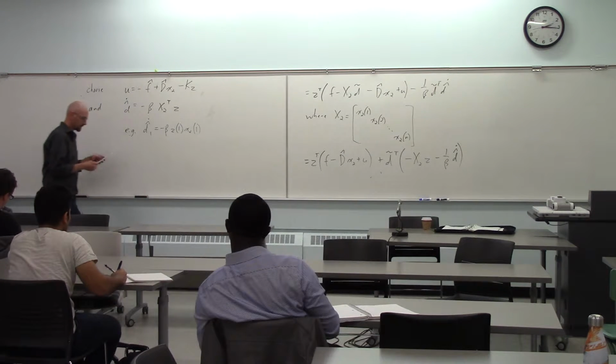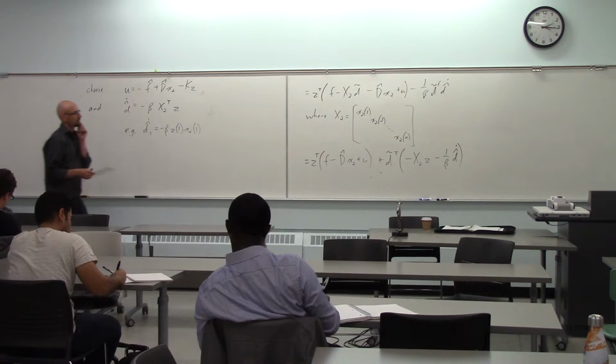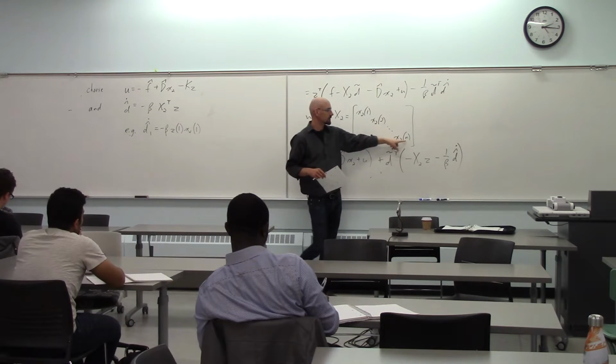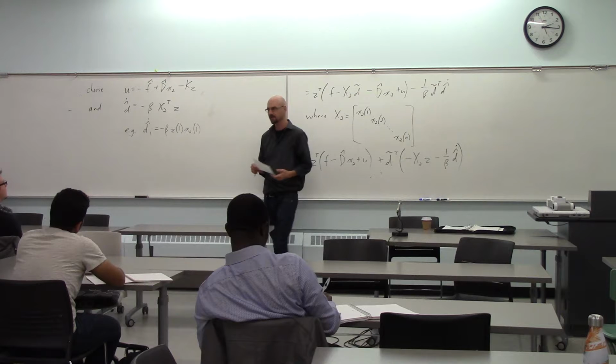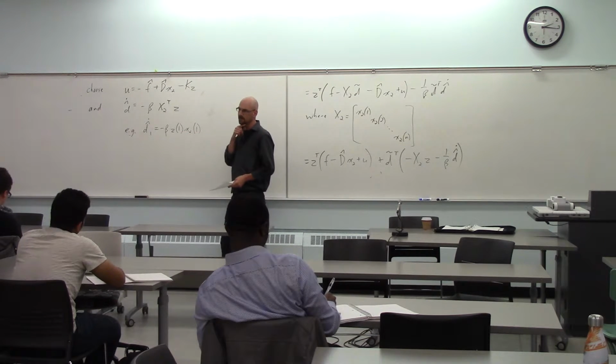Just remember we're dealing with an n-link robot. So when I'm numbering these 1 through n, I'm talking about the links. So this is talking about z for link 1 and x2 for link 1.